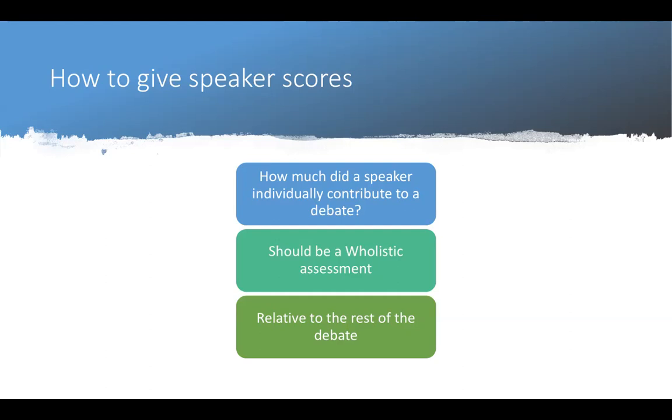It should be a holistic assessment that uses your judgment of the speech as a whole. That means even if a speech, say, misses an introduction or doesn't do signposting, but is extremely persuasive and wins the debate, you can still give them a very high score because you are doing a holistic assessment of how much they contributed to a debate, rather than doing a check of how many boxes they ticked in what you would consider to be a good speech.